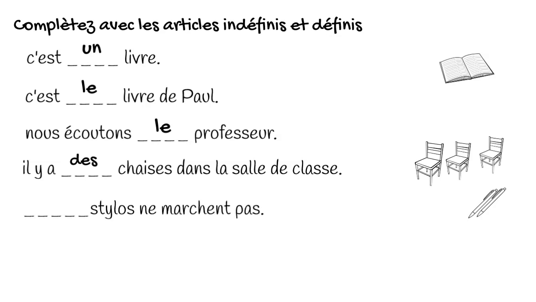Plural. Dash stylo ne marche pas. We are particularly referring to these two pens. Les stylos ne marchent pas. These two pens are not working. Je vais à dash école. École is starting with vowel E. So we will write L apostrophe. Je vais à l'école. I go to the school.